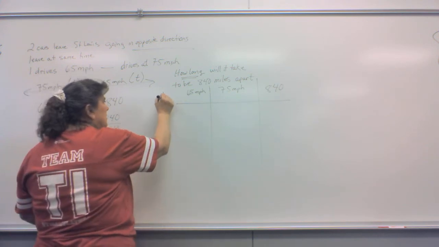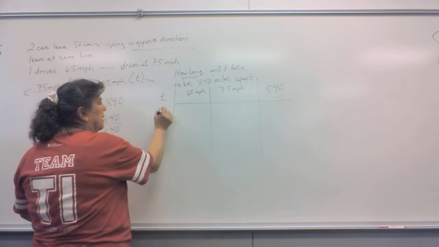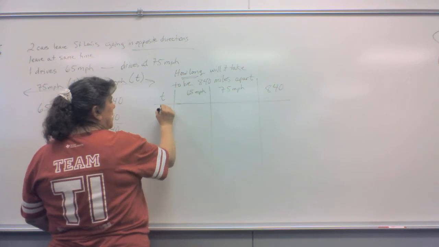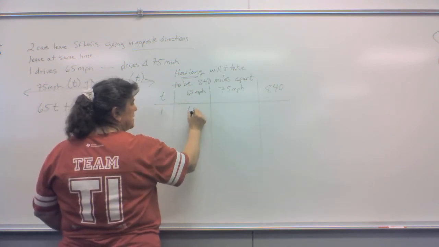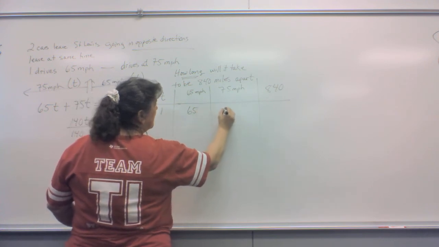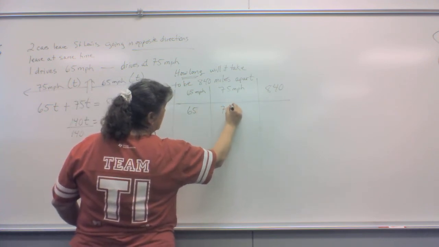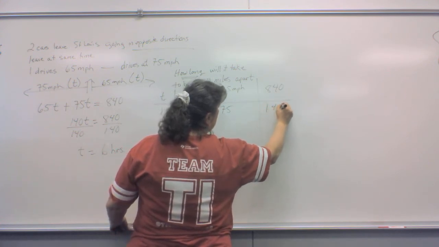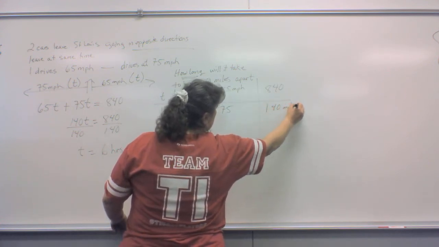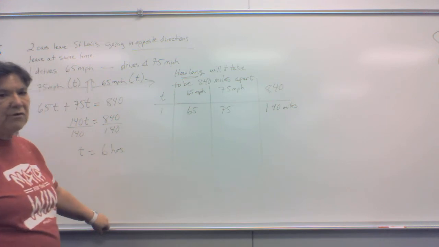My time I'm going to put over here. If I drive for 1 hour, 65 times 1 is 65 miles, 75 times 1 is 75 miles, 65 plus 75 is 140 miles. That's a long way from 840, isn't it?